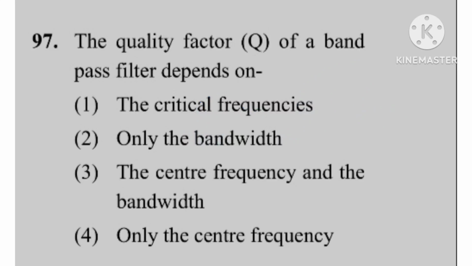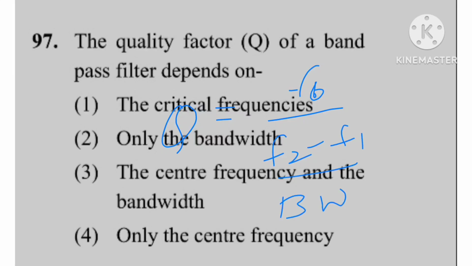The quality factor for a band pass filter is defined as Q equal to f0 divided by f2 minus f1, where f2 minus f1 is the bandwidth. So f1 is the lower cutoff frequency, f2 is the upper cutoff frequency, and f0 is the center frequency.